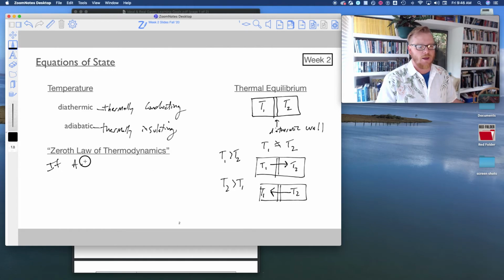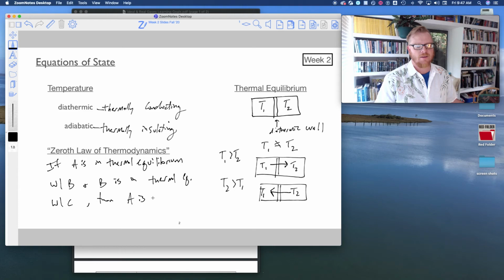If A is in thermal equilibrium with B, and B is in thermal equilibrium with C, then of course A is in equilibrium with C.